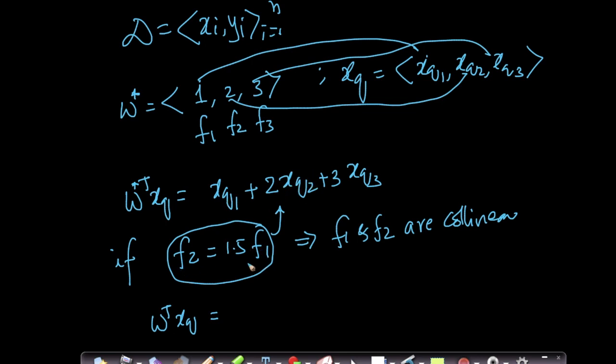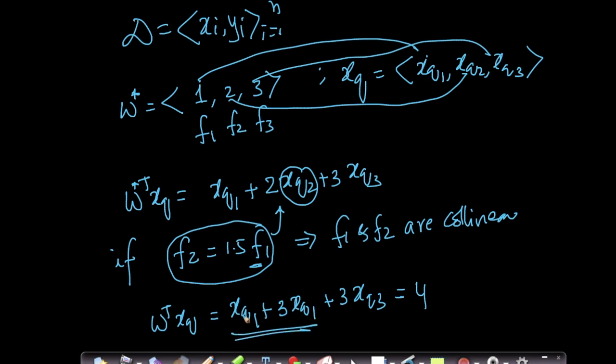So xq1 will remain the same, and I will replace xq2 with 1.5 times xq1. So 2 into 1.5 is 3, giving 3 times xq1 plus 3 times xq3. Now we have two xq1 terms: xq1 plus 3 xq1. So I get 4 xq1 plus 3 xq3.